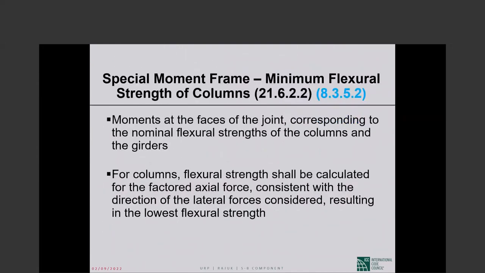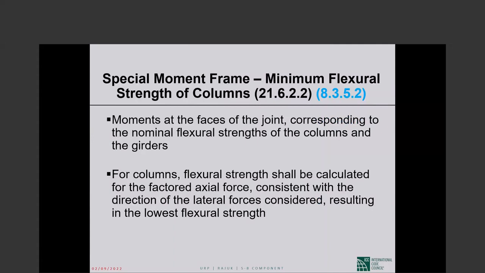The moment strengths are now at the faces of the joint. So moments at faces of joint corresponding to nominal flexural strengths of the columns and the girders. So in other words, we do the check in terms of nominal moment strengths at the faces of the joint.